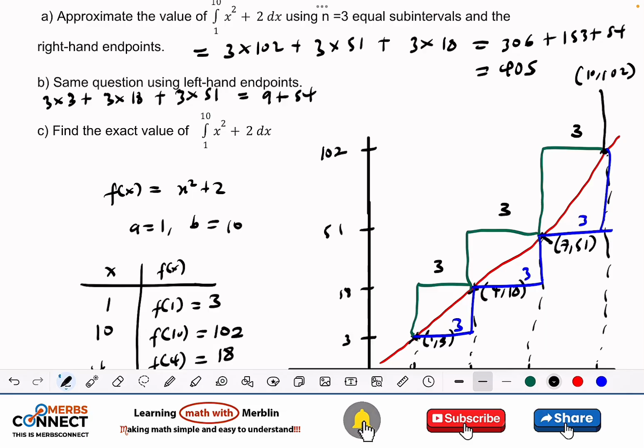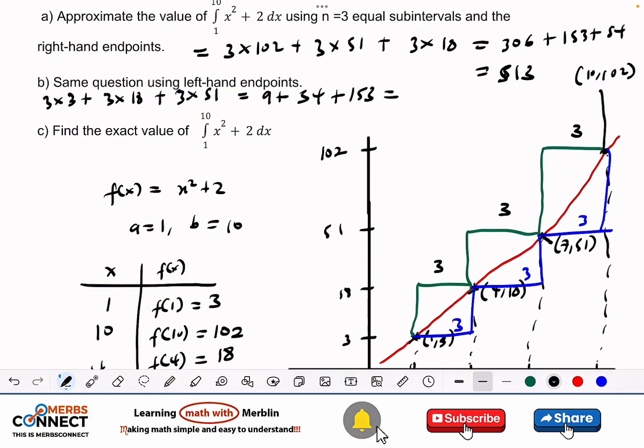Let me just confirm. 3 times 18 should be 54. So 3 times 18 is giving us 54 plus 3 times 51 is giving us 153.